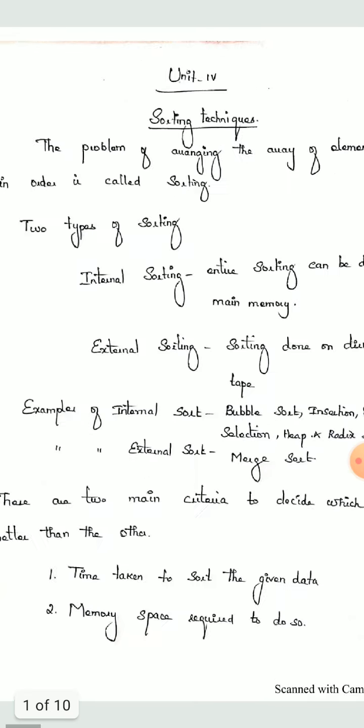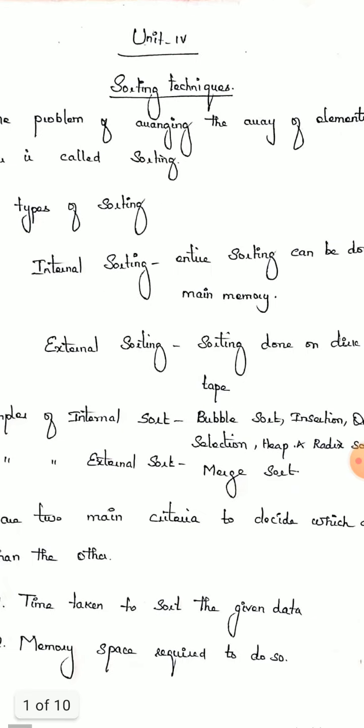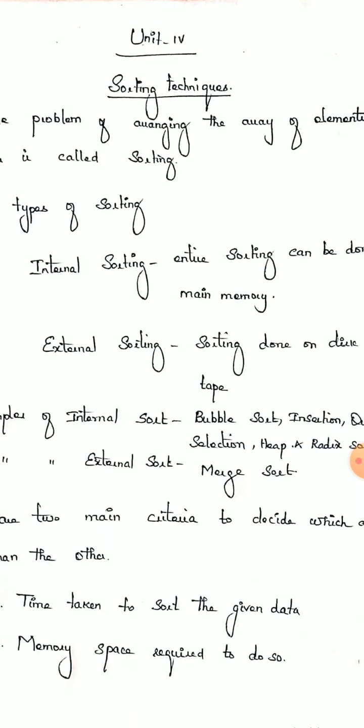So mainly we have two types of sorting problem. First one is internal sorting and another one is external sorting. Internal sorting takes place only in our main memory, whereas external sorting can be done in an external hard disk or a magnetic tape, right?